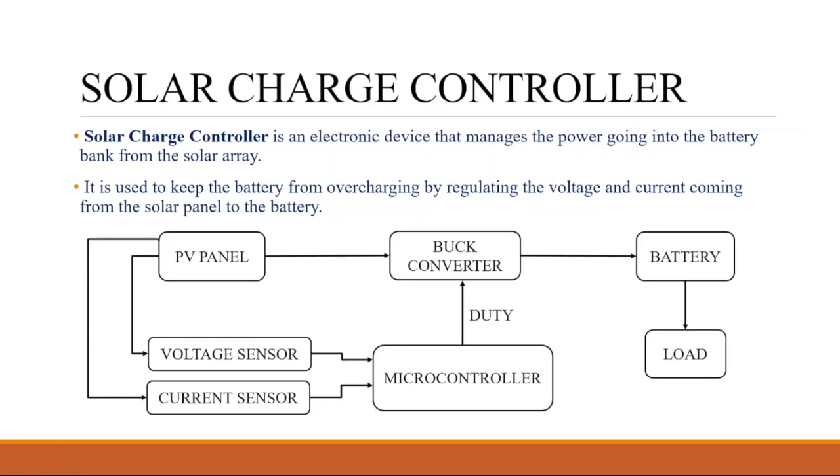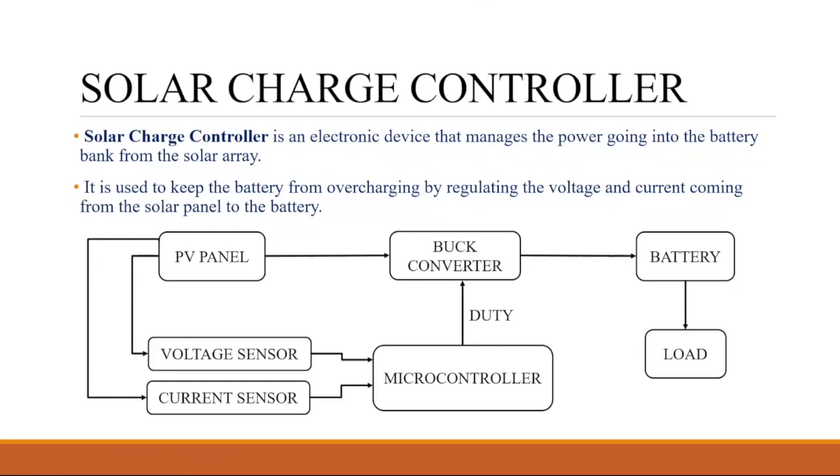Total time T is the time period. The time up to which the pulse is high is called T on, and this is called T off. So what is the duty value? D equals T on upon T. This is the value of duty.